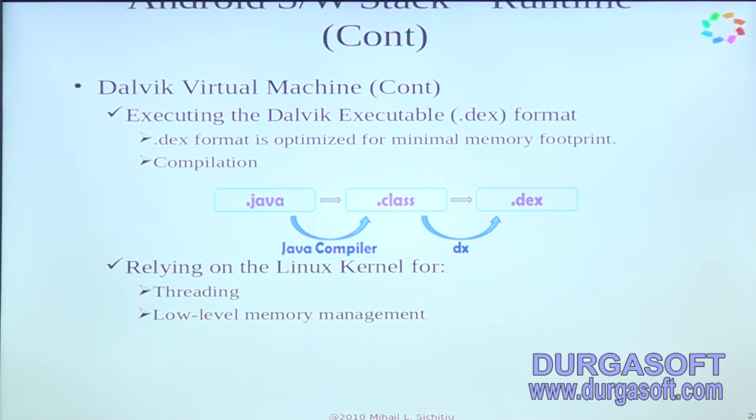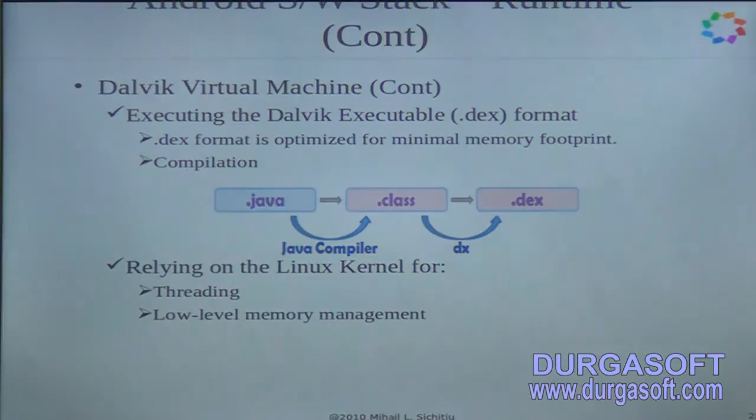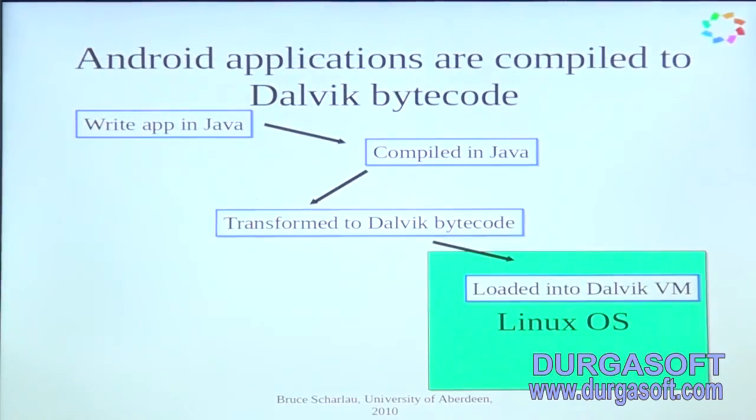So then DX, the Dalvik converter, comes into the picture, and it converts this bytecode into .dex. This is the executable format, and it is very easy to run, relying on the Linux kernel, because low-level memory management is very easy in the Linux kernel, and the threading concept is far bigger in Linux than in any other OS.